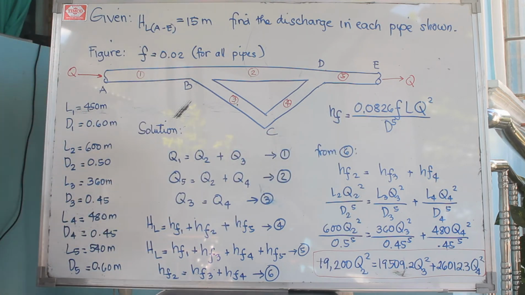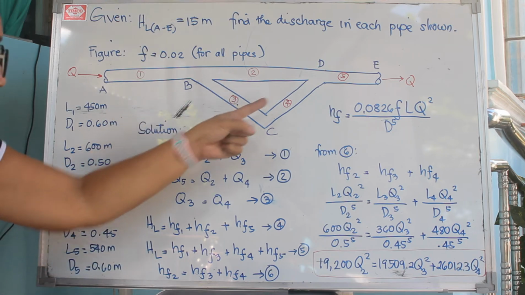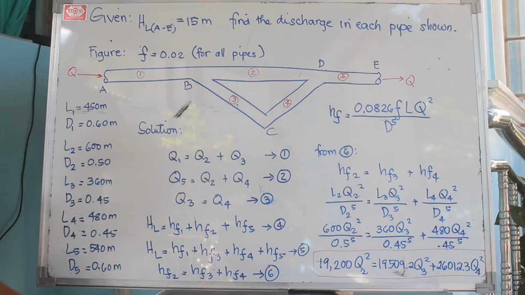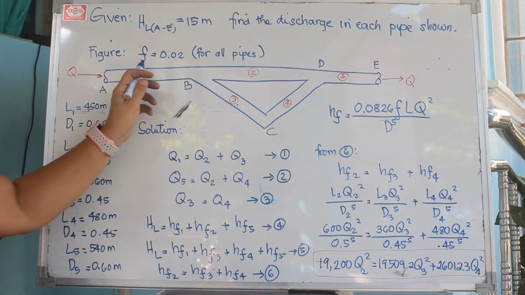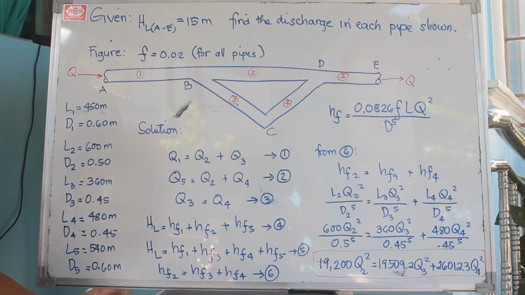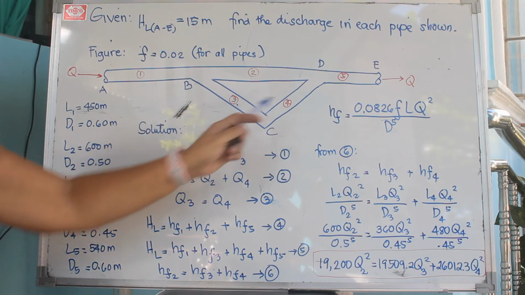So, alam nyo na yan, we did not draw the energy gradient anymore. We are going to formulate the equations that relate to this figure. So, if we take f, the friction factor, 0.02 for all the pipes, ano daw yung discharge sa bawat pipe? Okay? So, given naman yung length, diameters of all the pipes connected.